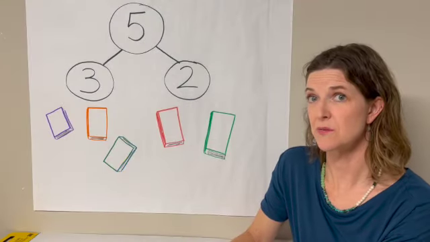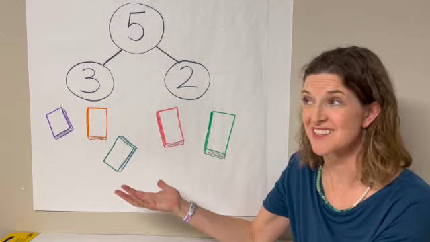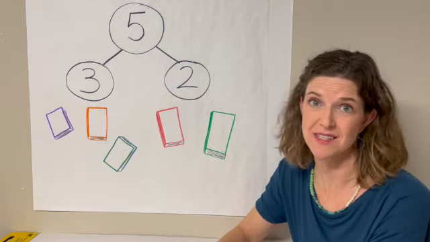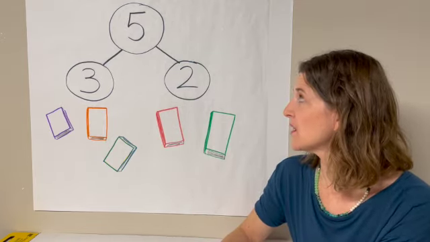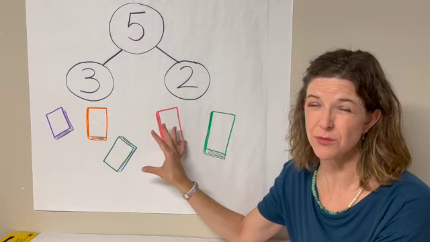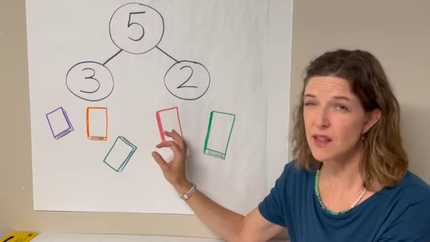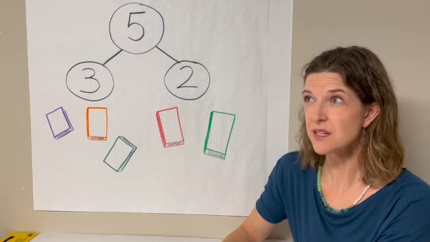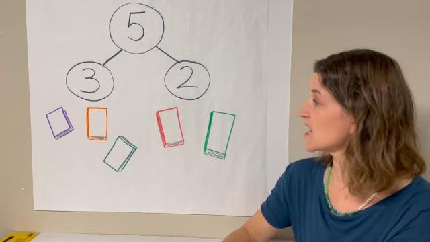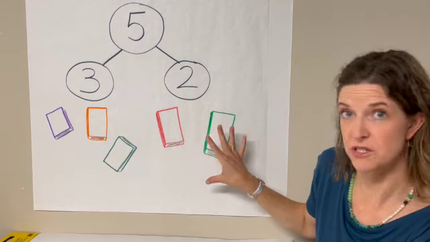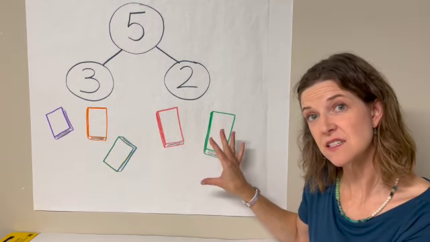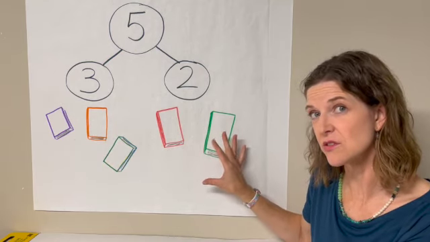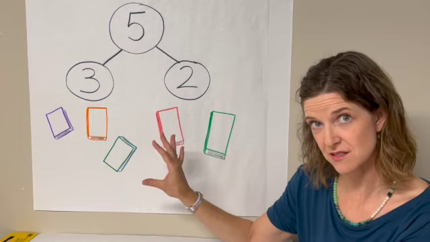Okay, your next question may be, why? Because when I was in school, we did not use these. Well, although these problems seem really simple, there is a lot of work here for little brains. And the first really big idea is that when you count a bunch of things, the last number you say is also the total number of things there are.